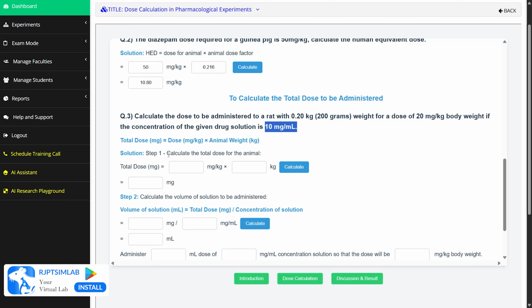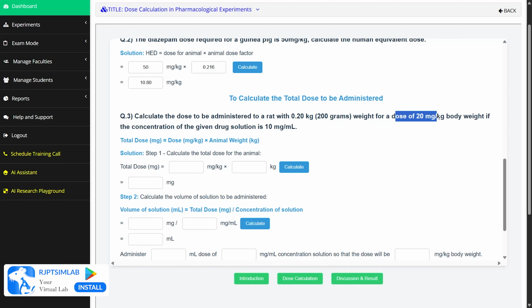At first step we have to calculate the total dose for the animal. For that we have the formula: total dose in milligram is equal to dose in milligram per kilogram multiplied by animal weight in kilogram. So we have the dose for the rat.